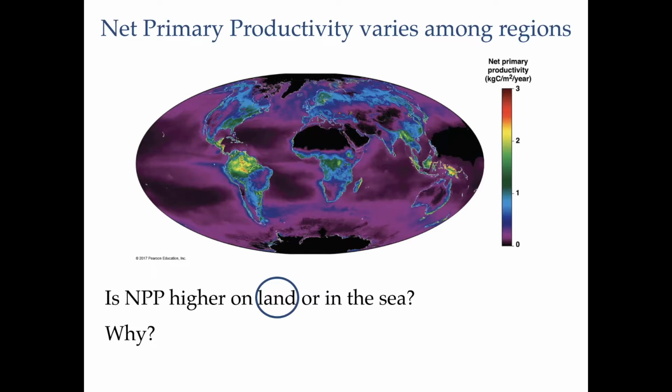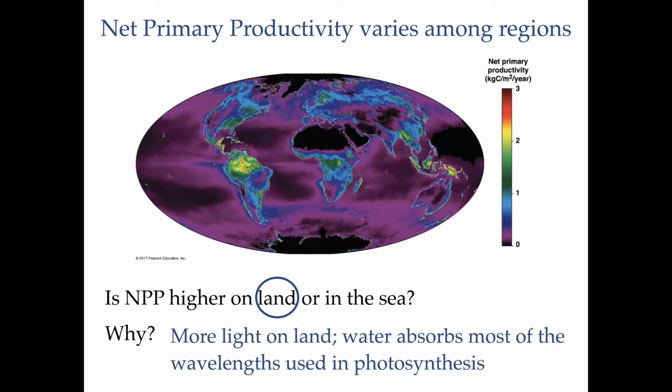And why is that the case? Well, because on the land is where we have most of the sunlight available. Remember when we were talking about the transition from water to the land, we said that the algae did not have to worry much about being exposed to the sunlight because they were underwater.